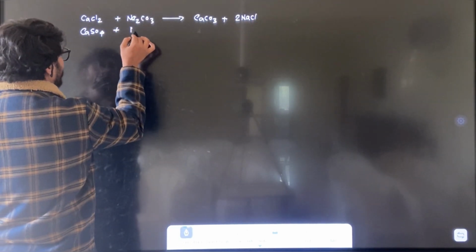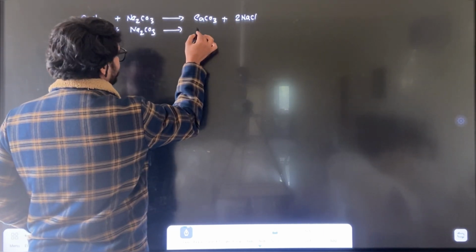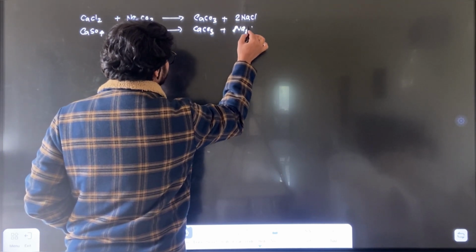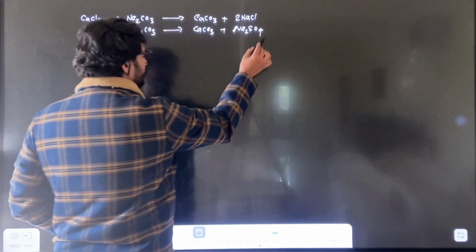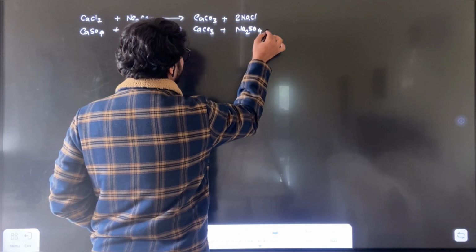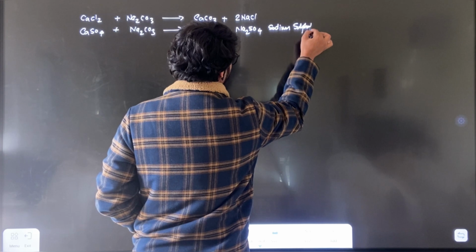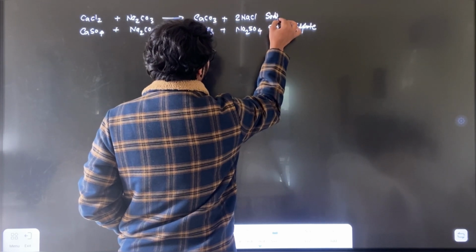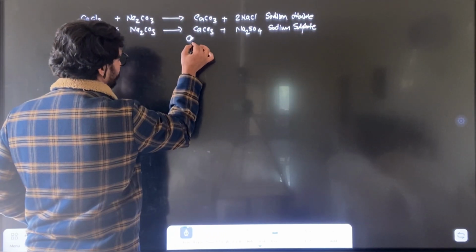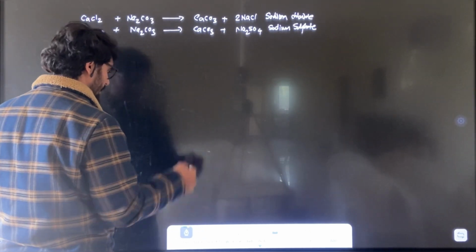Similarly, if we have calcium sulfate and it reacts with soda, we get calcium carbonate along with sodium sulfate, Na2SO4.